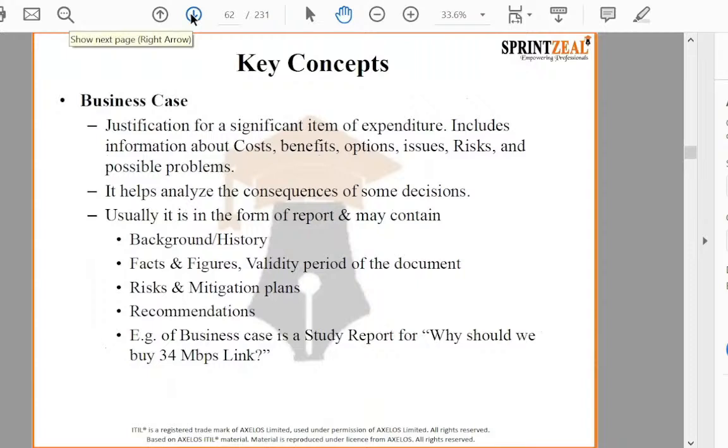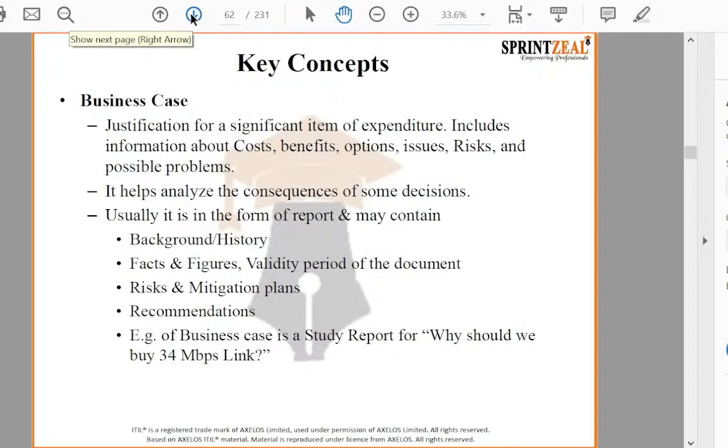Okay, business case. Business case is one of the items that we talked about earlier with your example of your product manager. When we talk about defining a service, a business case is oftentimes used to justify something. So it could be justification of a significant item of expenditure.